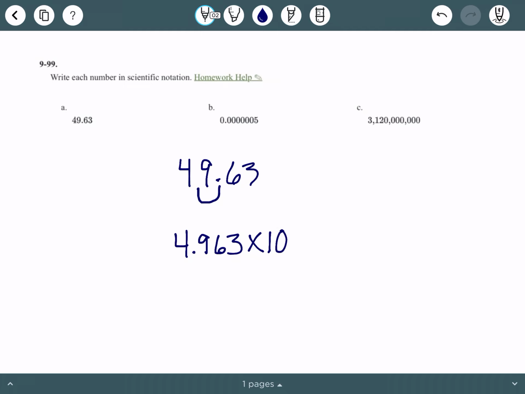Remember, when we're multiplying by a power of 10, our exponent is however many times we moved the decimal. So it's going to be 10 to the power of 1. Just 10 is fine too if you prefer. Even if you just have 4.963 times 10, it would be inferred that that 10 is to the first power. So this is what we should have for part A.